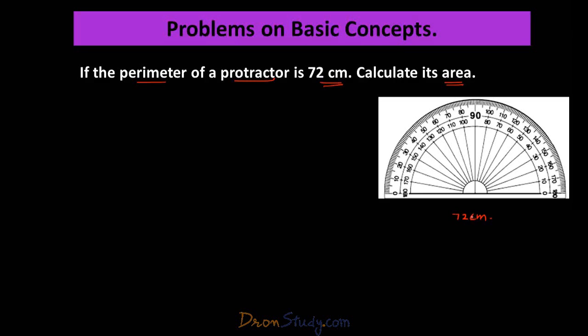Perimeter means a total length of the boundary. So here, how will you find the total length of the boundary? It is a sum of the circumference of a semicircle plus diameter. This together gives you the total boundary, that is the perimeter of a protractor.